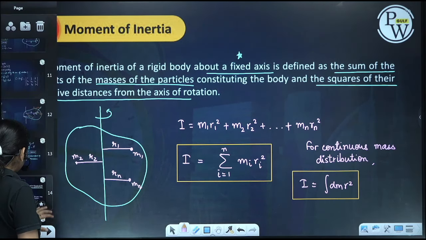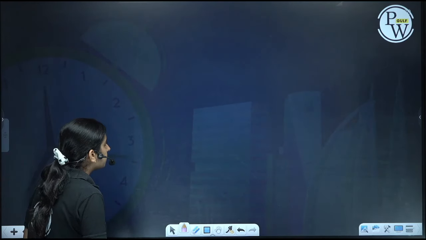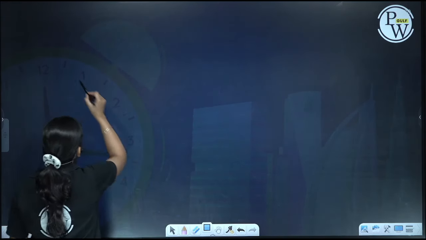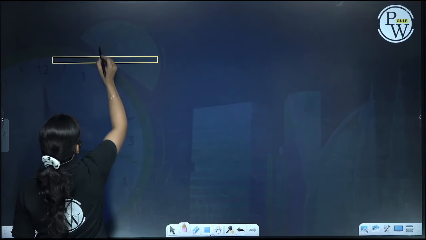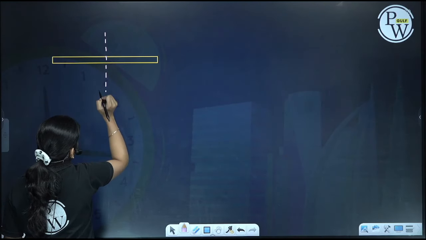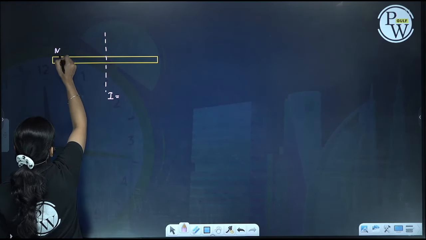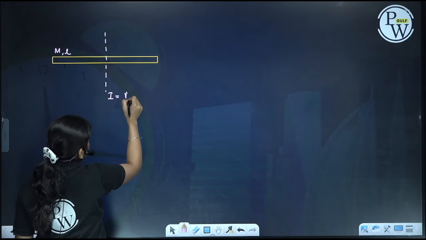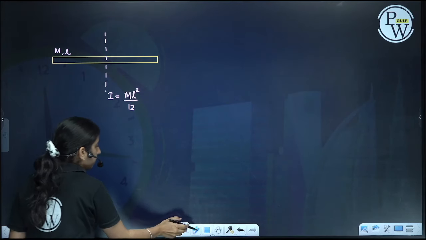Now let us define the moment of inertia for some fixed rigid bodies. Like if we have a rod, then moment of inertia about an axis passing perpendicular to the rod, this is a rod of mass m and length l, will be ml square by 12.